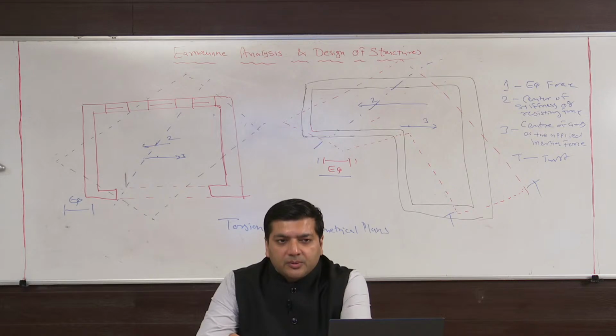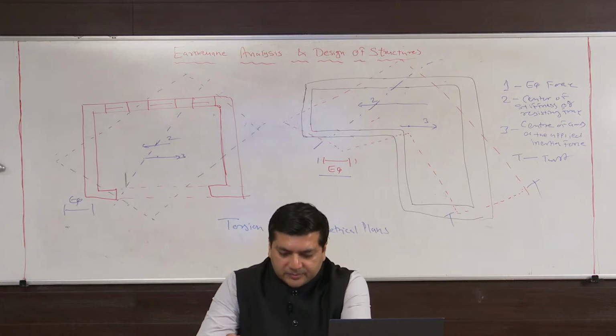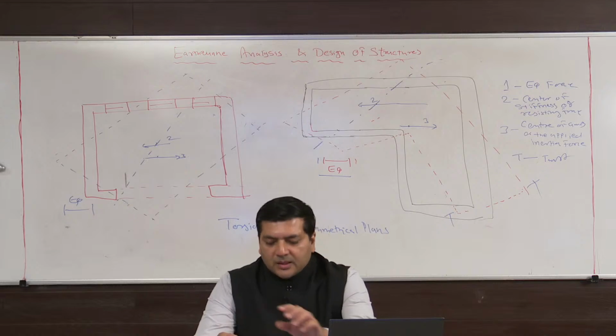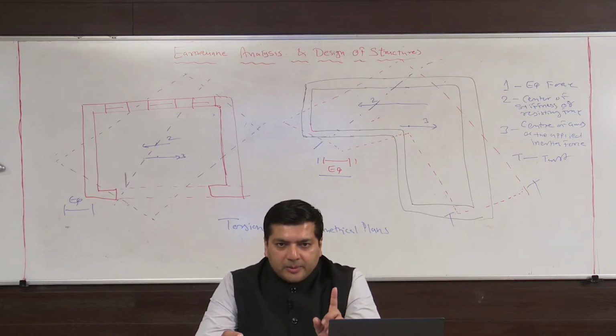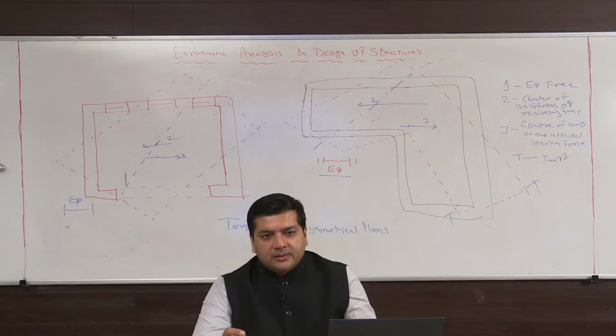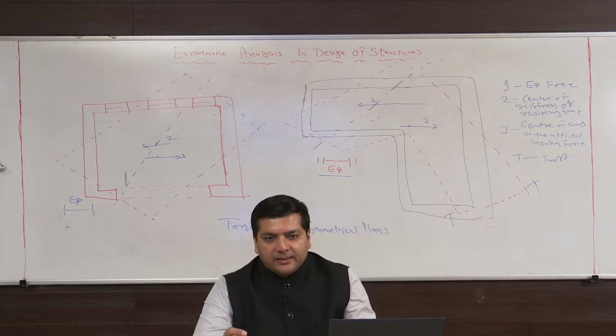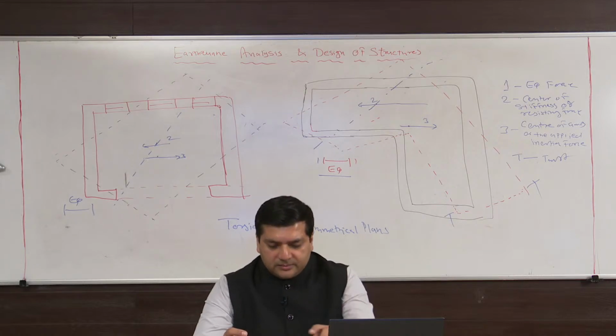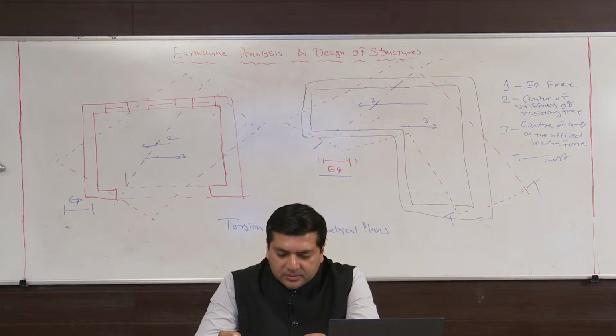It may be due to irregularity in mass, stiffness or strength, right? So in both the cases, point 2 and point 3, that is center of stiffness and center of mass, are not coinciding with each other, right? Yes. Okay. Now move ahead.